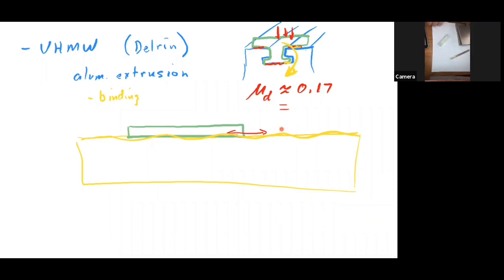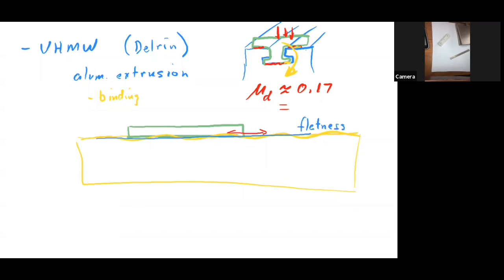Or even worse, this extrusion. When you just go buy aluminum extrusion, it's actually a terrible thing to make bearings out of, because you would like to have the bearing manufacturer tell you how flat this is. You'd like to have some sort of flatness spec.